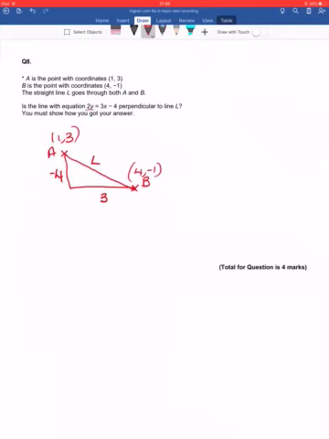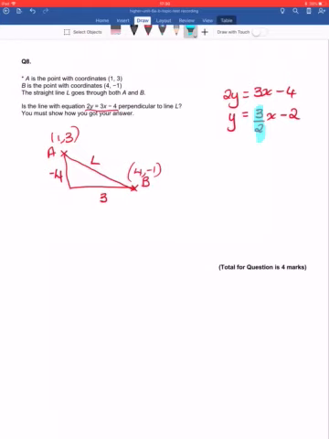Right, is this line here perpendicular? So first of all, I've got 2y equals 3x minus 4. So I need to make it y equals. So I divide everything by 2, and I get 3 over 2 x, and 4 divided by 2 is just 2. So now I'm going to look at these two. If I look at this line, the line L has gradient minus 4 over 3.